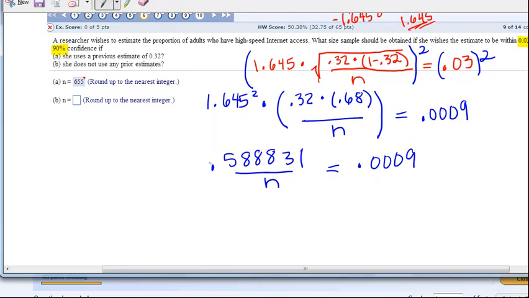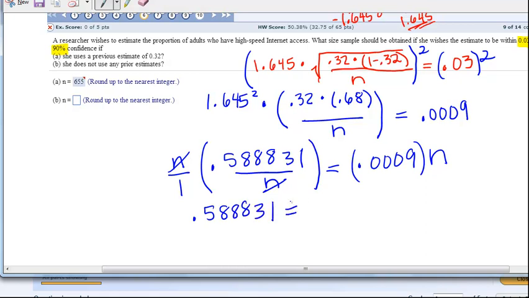I want to find out the sample size. So here, if I multiply each side by n, then this n cancels with this one, and I'm just left with this nice number. And over here I have 0.0009n. Now I want n by itself, so I just divide both sides by 0.0009.